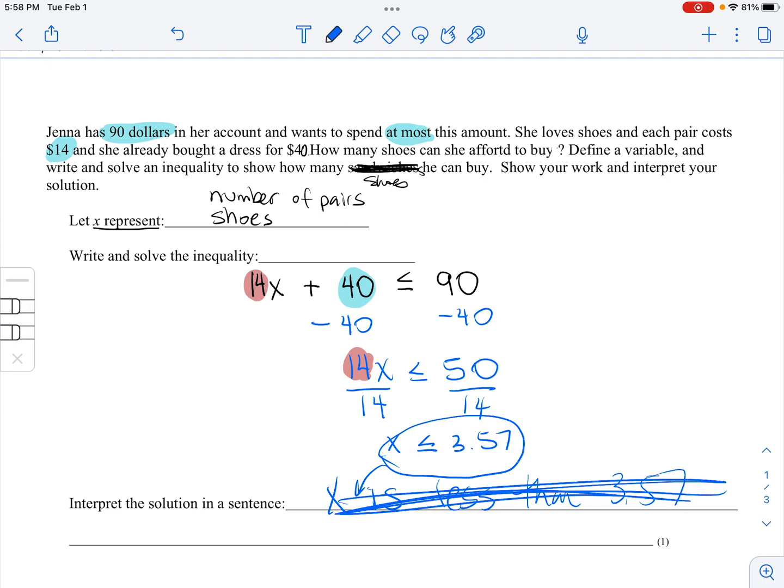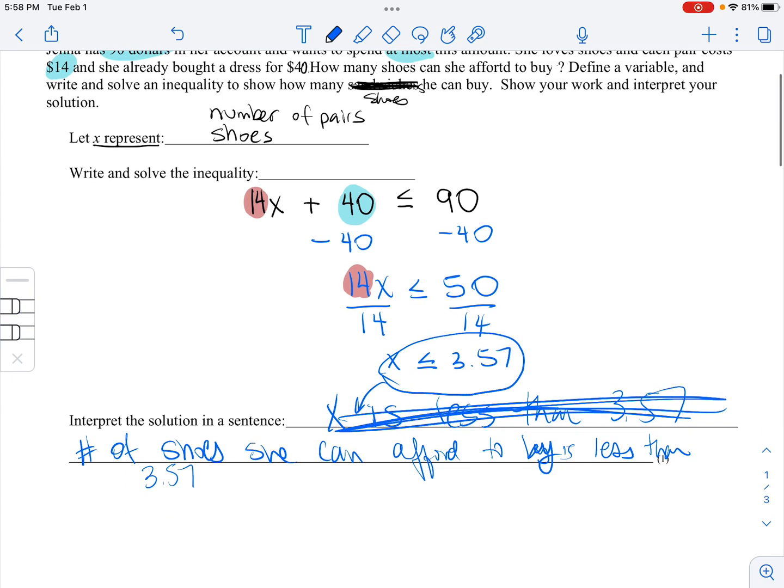So the number of shoes she can afford to buy, B-U-Y, is less than or equal to 3.57. So really she needs to buy no more than 3.57 pairs of shoes. You can't buy 3.57 pairs of shoes, so what you can really say is she can buy up to 3 pairs of shoes.